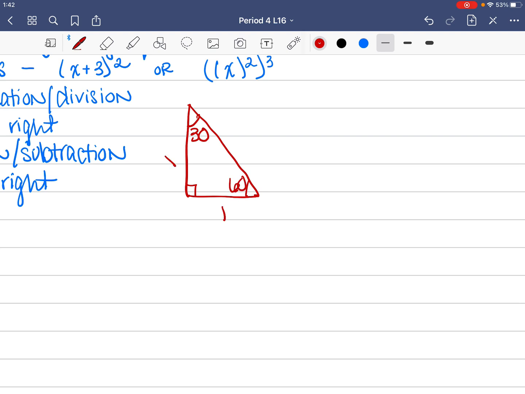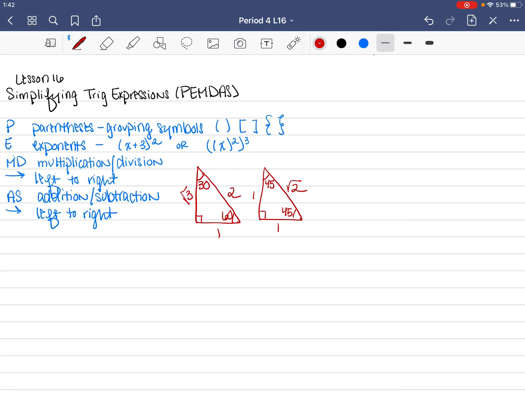So here, 1, root 3, and 2, and then this is 45, 45, 90. This is 1, 1, root 2. And the last thing we need is that very quick bare-bones unit circle that just has our quadrantal angles on it. So that's what we're going to put here.